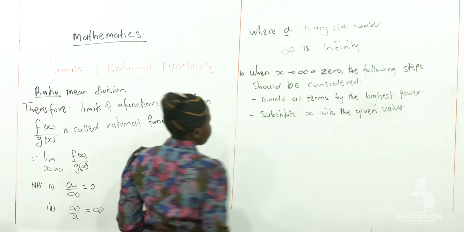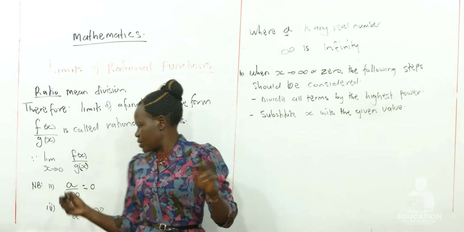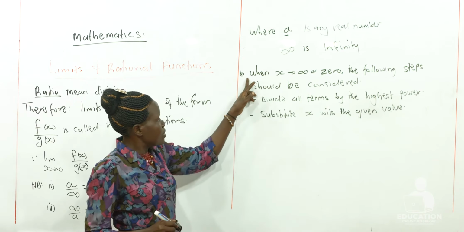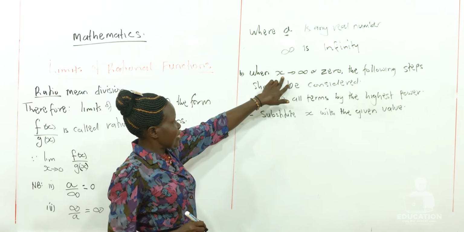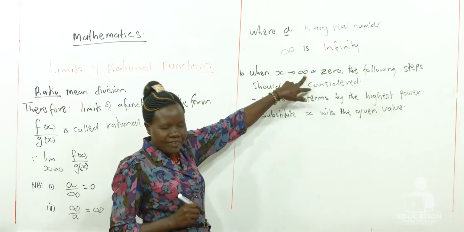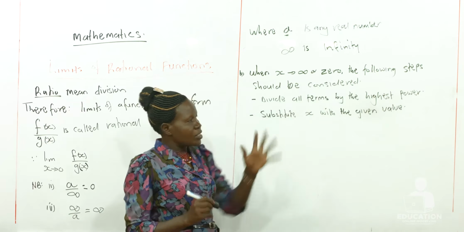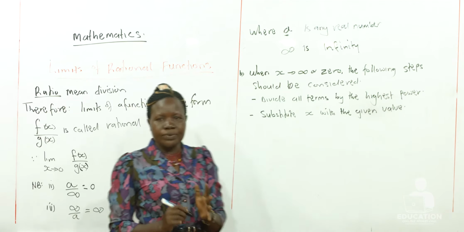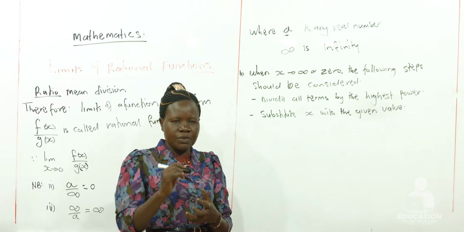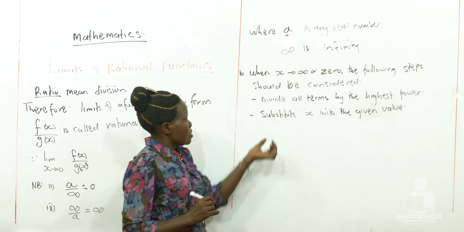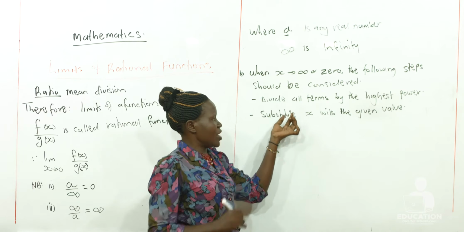And now looking at part B of your NB, we treat this one as part A, and then part B of your NB, take note of this. When x is approaching infinity or 0, what are you supposed to do? How are you going to handle such a division of limits? You have to take into consideration these steps, and these steps must be in your head.